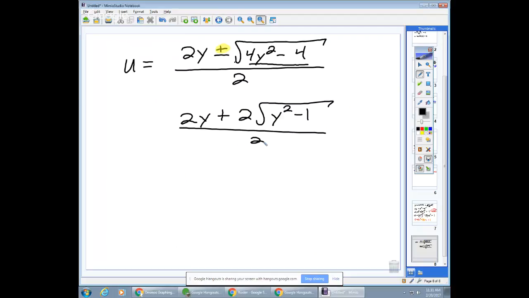And just a reminder, what was u again? u was e to the x. So at this point, e to the x is equal to y plus the square root of y squared minus 1.